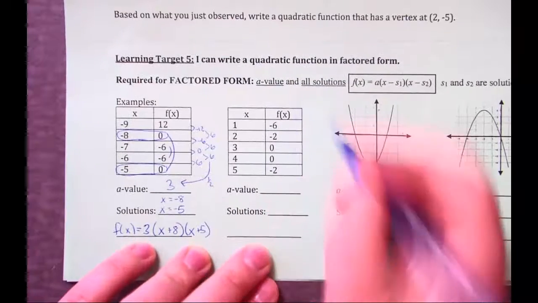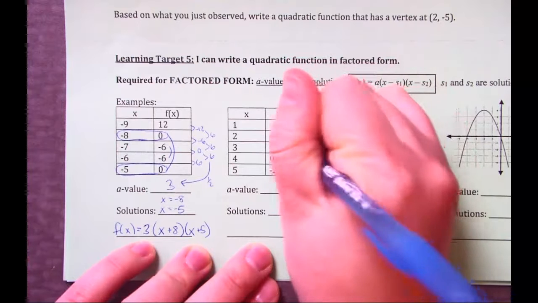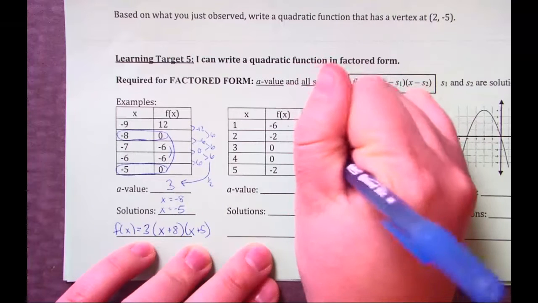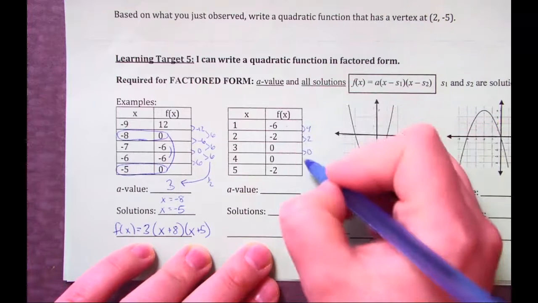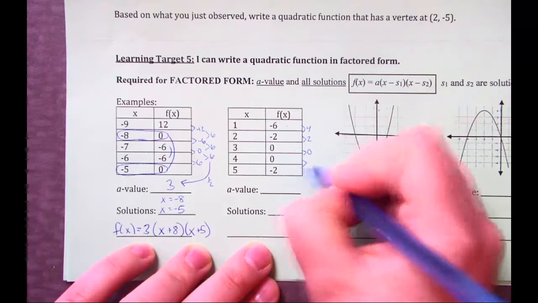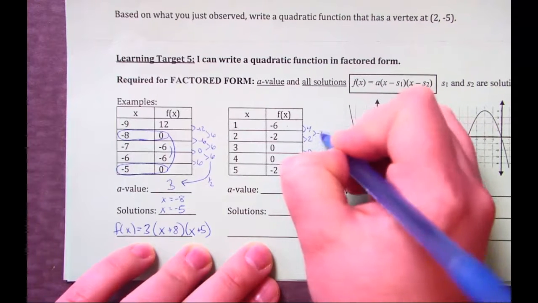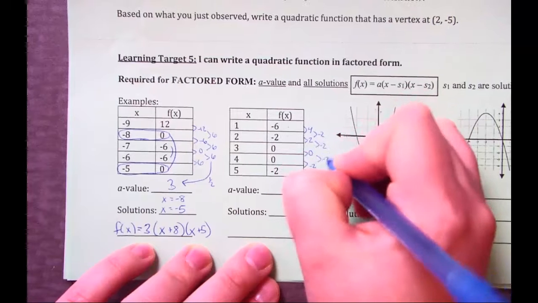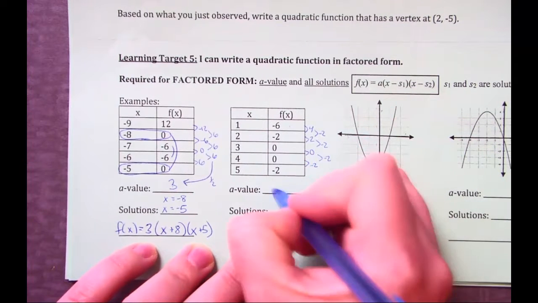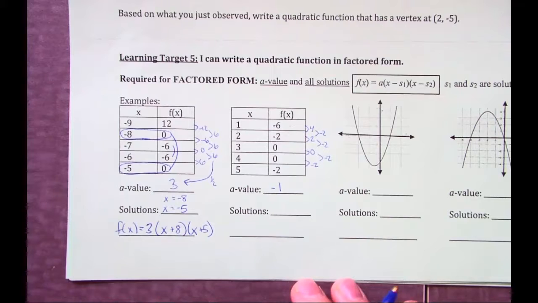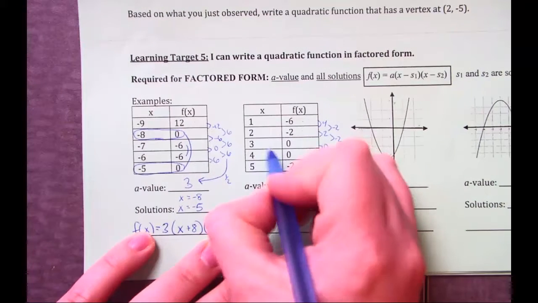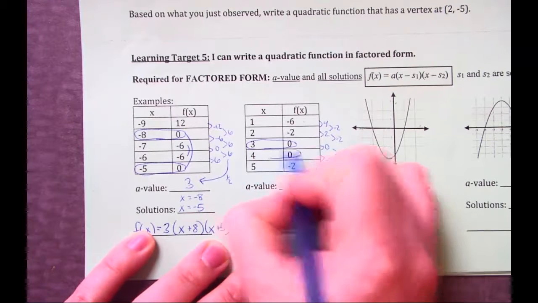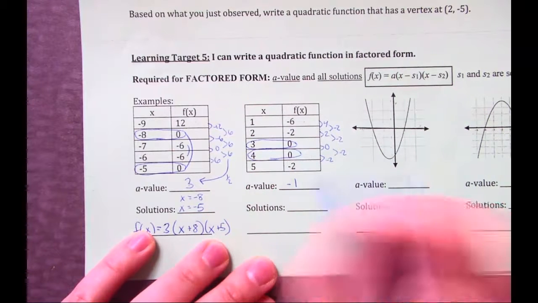Now I'm going to do it again. So from -6 to -2, that's going up 4. Up 2 doesn't change, stays at 0. And then 0 to -2 goes down 2. So down 2. Half of -2 is -1. So my solutions are here and here.